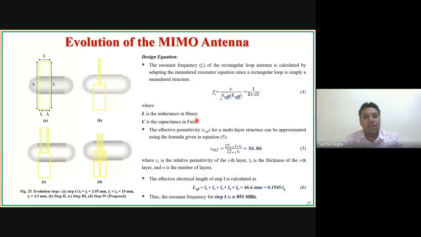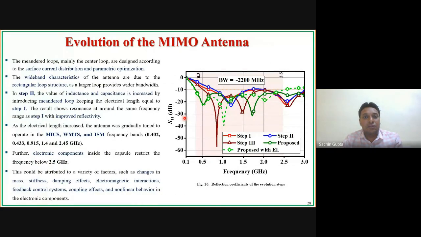So you can see the evolution part, which is quite similar to the SISO antenna. But here, instead of using one element, we have used two elements for the antenna system. So I'll not go into the design part again.